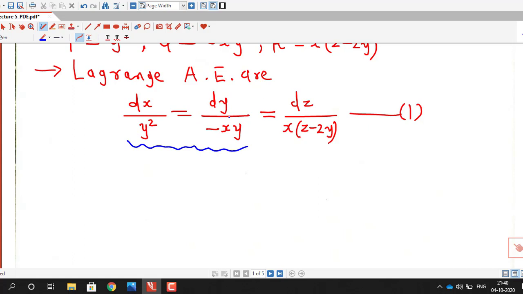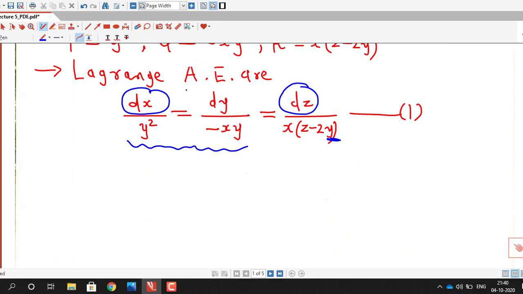So we cannot compare the first and third fractions, because in the first and third fractions differentials are dx and dz, so y must be absent. You can see here there is a y, and here also there is a y, so we cannot take fractions 1 and 3.